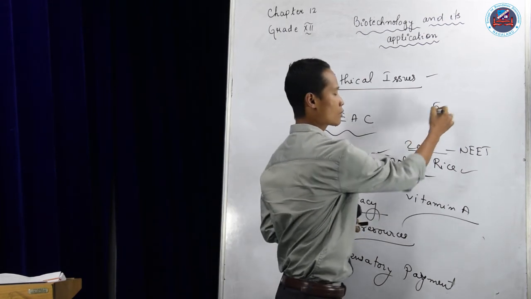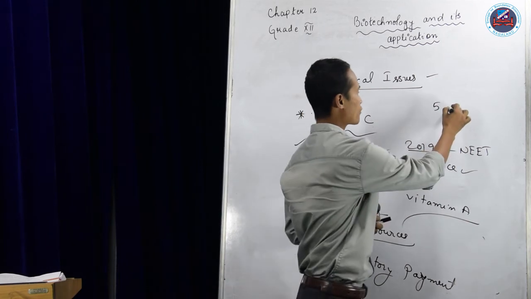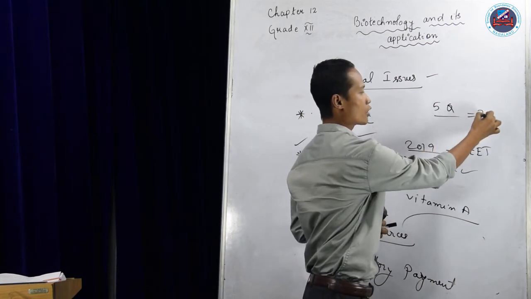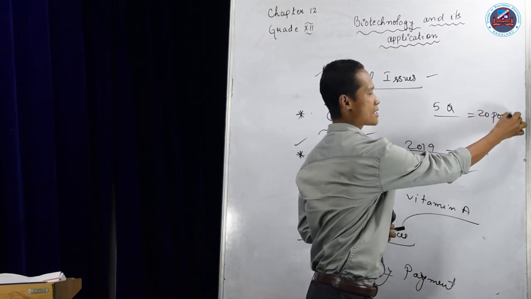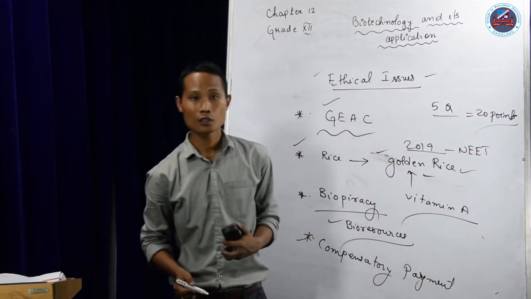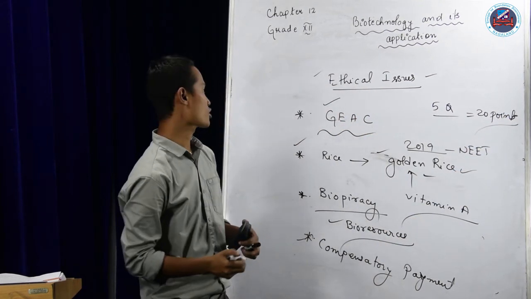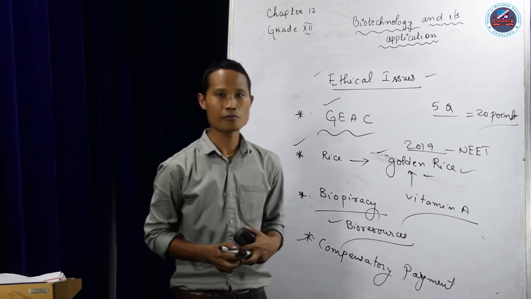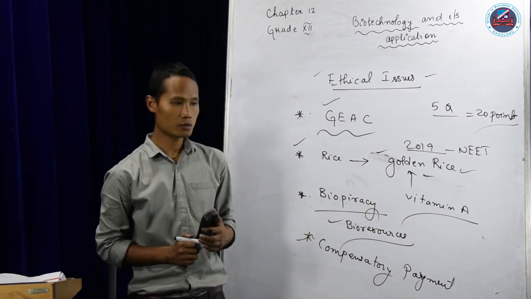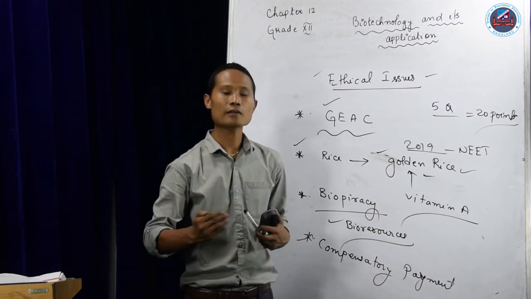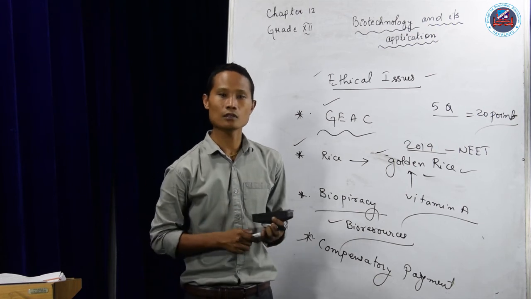By combining both chapters, around 5 questions will come, which will give you 20 points for your NEET examination also. Okay, so having a basic concept of this chapter is very important in these modern generations, from the point of view of medical applications.